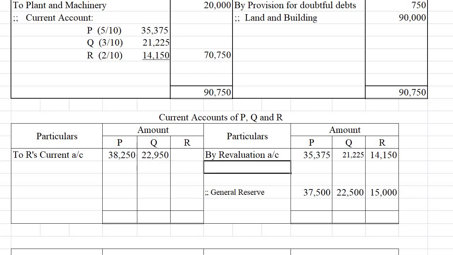Now in R's column, R's current account, we have to write by P's current account and by Q's current account. In R's column, we have to enter the amount. Now, the goodwill entry is over.